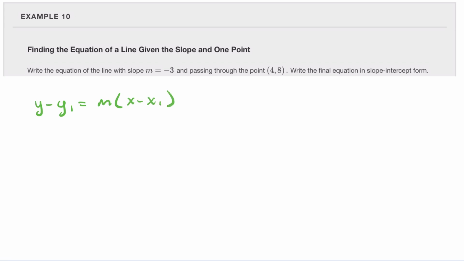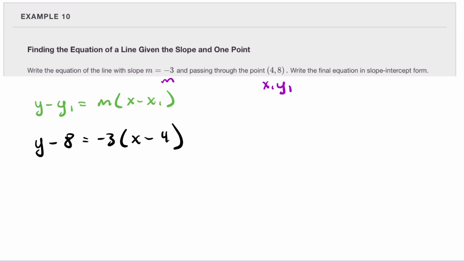Okay. So they gave us this point. So this is our x1, y1, and we have our slope over here. So then if we plug those components in, our y1 is 8, our slope is -3, and our x1 is 4. Okay.